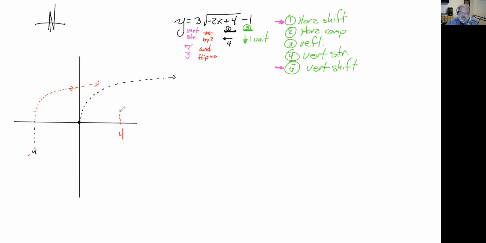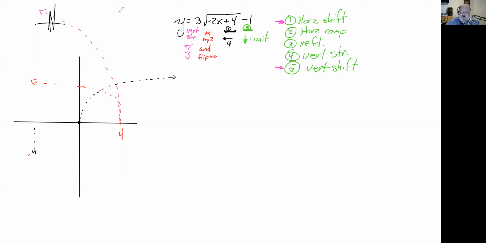So instead, it's going to be there. So this is gone. So that's the compression, making it happen a little faster, making it a little squishier. And then the flipping it from here over to there. Vertical stretch by 3 is going to take this thing and stretch it out. So it's going to make it happen really stretchy.